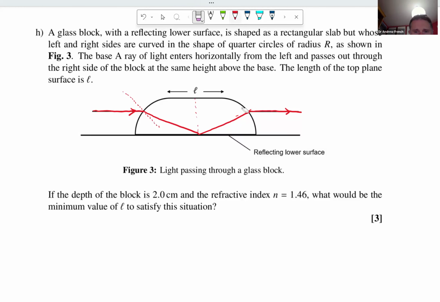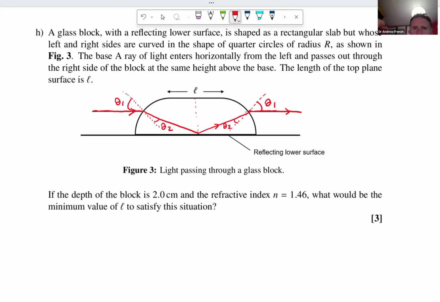It's a little bit of artistry required for optics. There you go. That's my normal. Let's call that θ1, and let's call that θ2. So that's my angle of incidence and angle of refraction. And by symmetry, you can see that that is θ1, and that is also θ2.